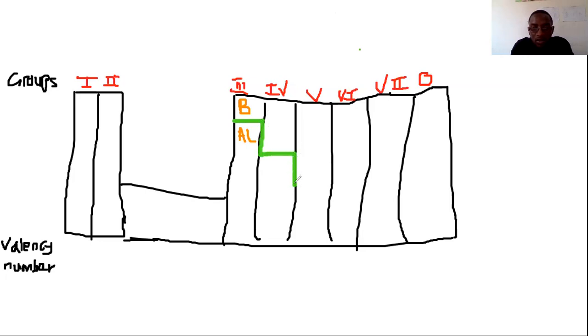So you can try it on your periodic table. This is called the zigzag line, or they call it the aluminium step. What this zigzag line does is that it separates metals from non-metals.